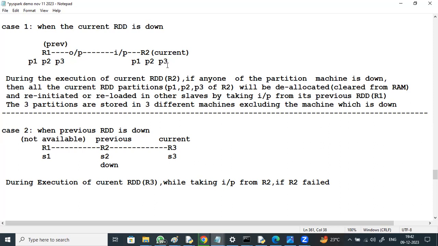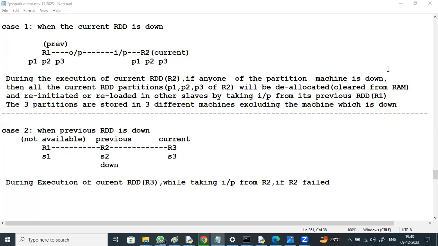But what if you think that I'm just converting to uppercase, P1, P2, P3, then R1 has the same partitions, R2 also has the same partitions, the same data will go there. That is a narrow transformation. In that case, if P2 went down, then at least we can do it, correct?